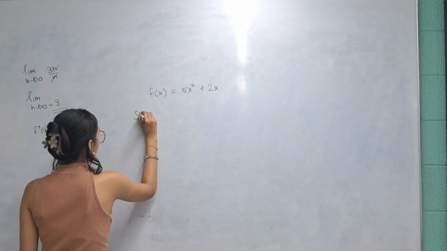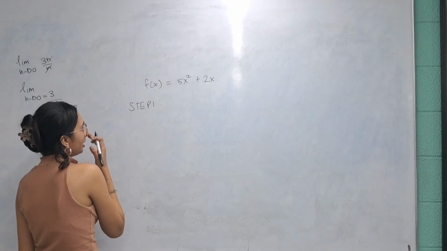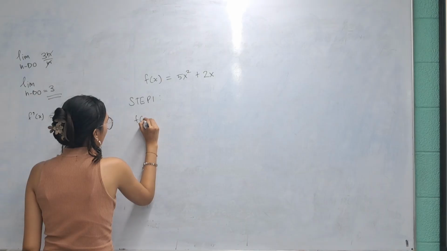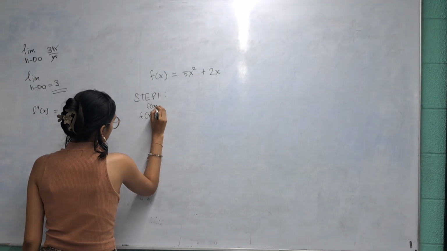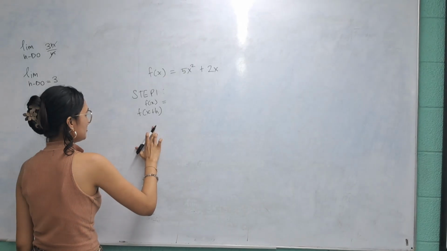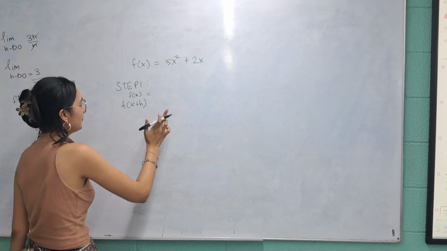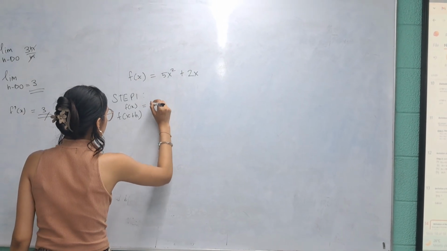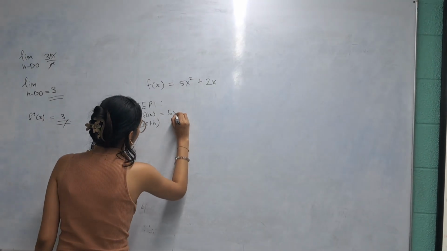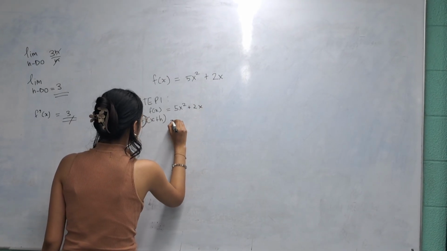Step 1, we need to find f of x plus h. So we will find our f of x plus h by substituting x plus h into every x expression in the function. So f of x is 5x squared plus 2x.